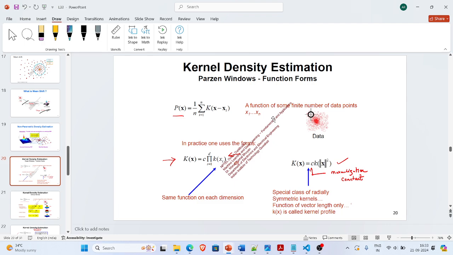How do we do it? p(x) is defined as the average of some kernel. Some kernel has to be there, using distance.